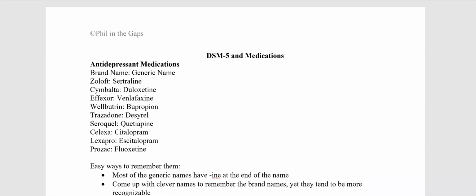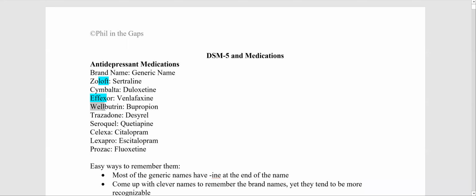So let's go through each of these and try to give some easy ways to remember it. The first up to bat is going to be Zoloft. And the easiest way to remember this one is it kind of lofts your mood. It goes from being a depressed or low mood, and it helps loft it or raise it in some way. And then Effexor affects how the person's mood is, because it's going to affect it in a more positive way.